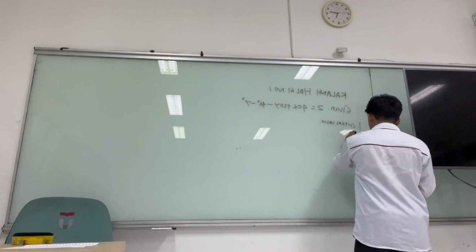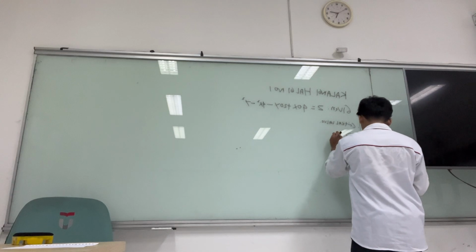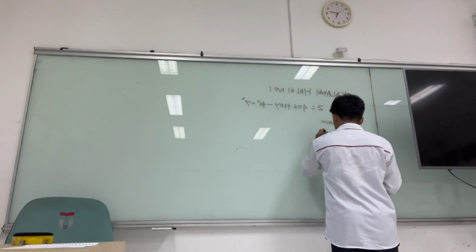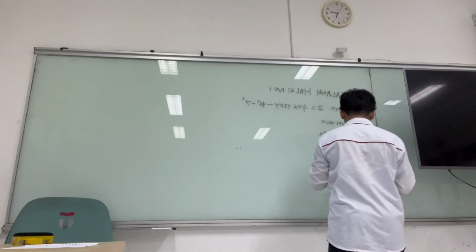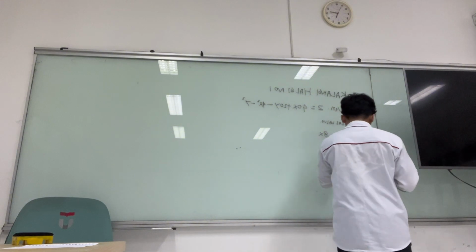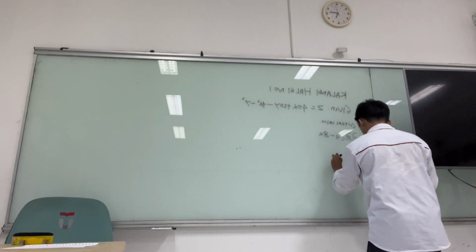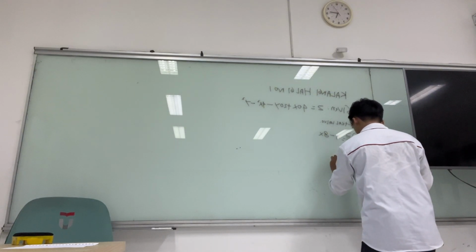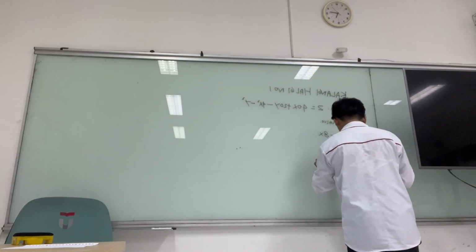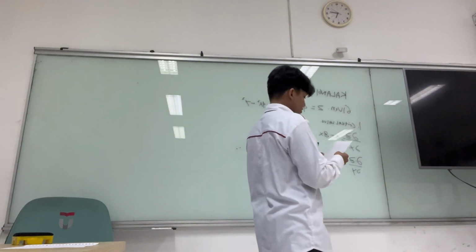So dou z per dou x equals 40 minus 8x. And dou z per dou y equals 20 minus 2y. So this is the first derivative.